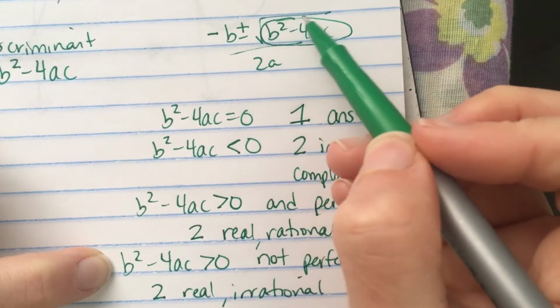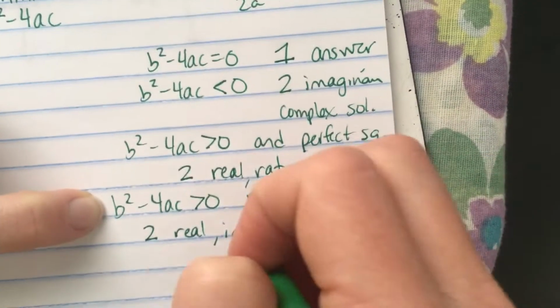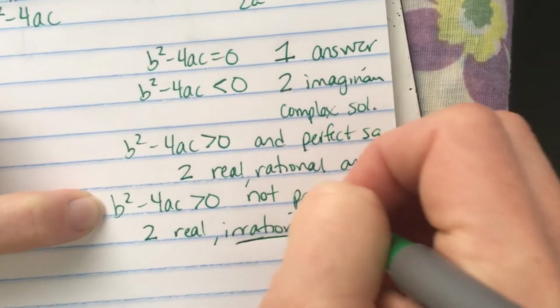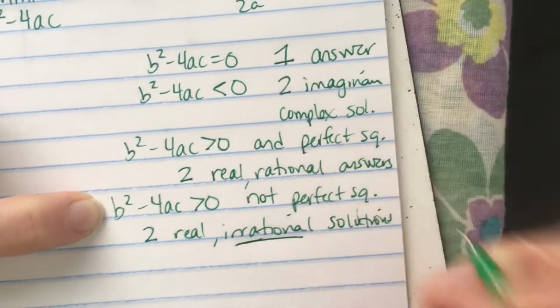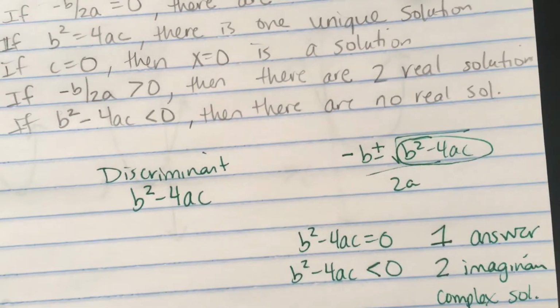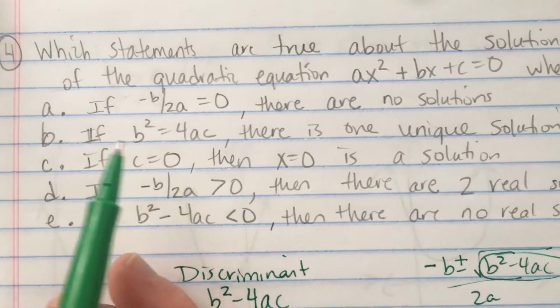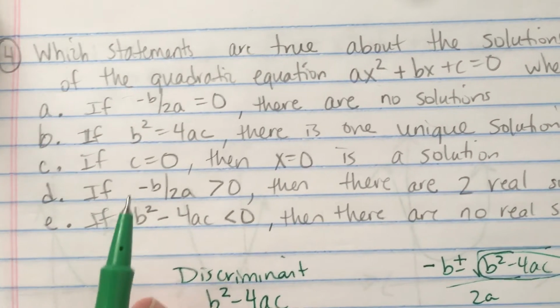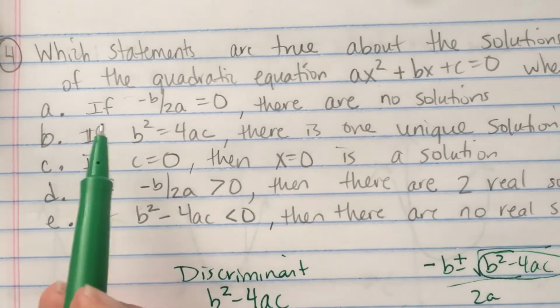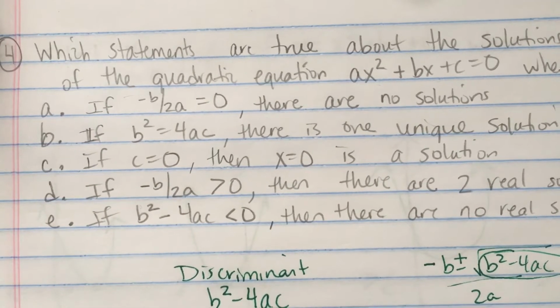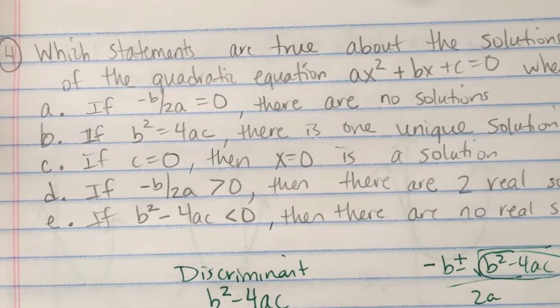Well, if you have a square root 5 left in your answer, that's an irrational solution. All right? Okay, so this question from Discovery Ed is definitely one of higher difficulty. This is not going to be on a test that I give you, but I'm still more than happy to explain it.